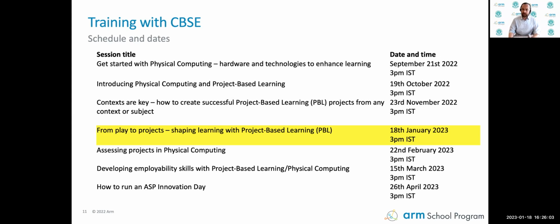And then a final question that's come up is a very practical one about where I can buy physical computing kit and how much does it cost. Well, as I covered at the beginning of this session, ARM doesn't manufacture or distribute the sort of physical computing devices that we've been talking about in this series.